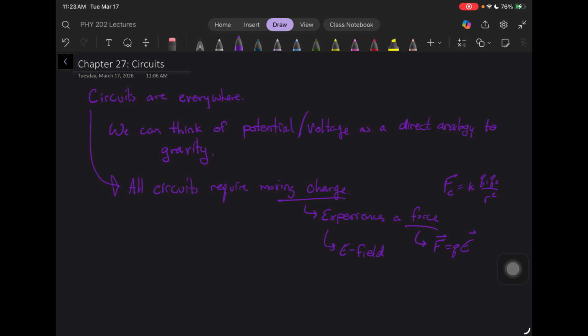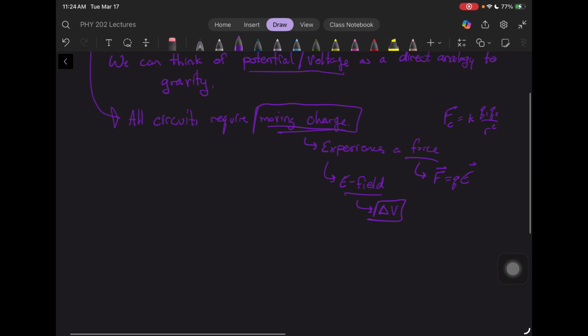For it to know it should be experiencing a force, it must be in some kind of an electric field. And then we've also discussed that electric fields come from potential differences or vice versa. You can say the electric field was there. It's a chicken and egg scenario, kind of. And so we get, at the end of the day, that we need some kind of a potential difference in order to move charge. That's the key idea here. And that's where potential and voltage as an analogy to gravity is going to come into play. It's something you should be keeping in the back of your mind as we go through this.